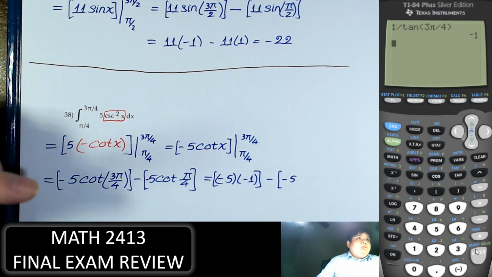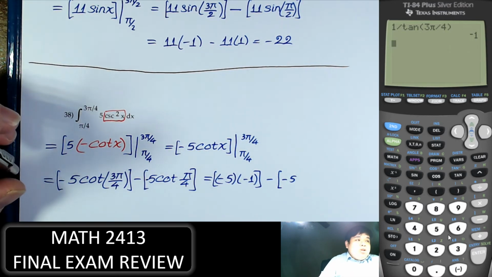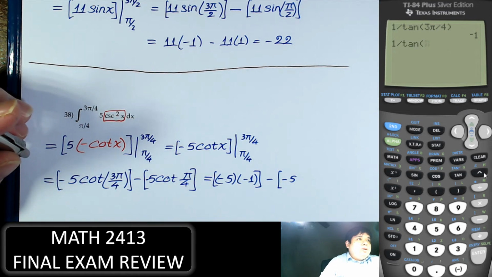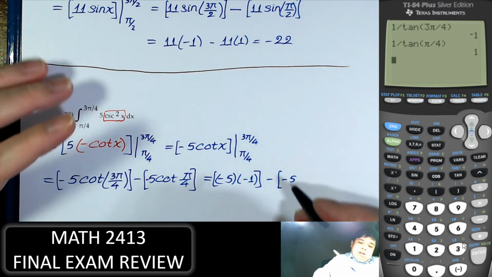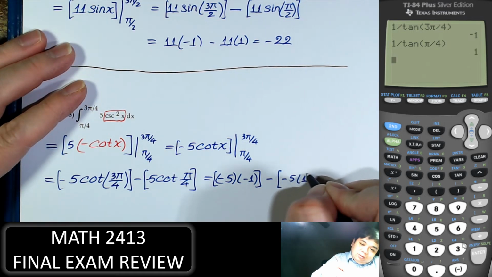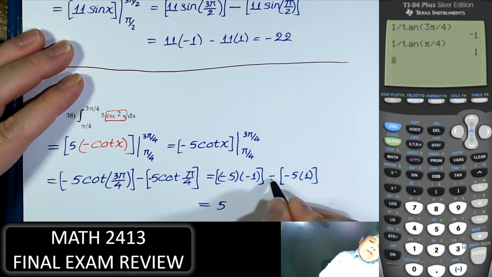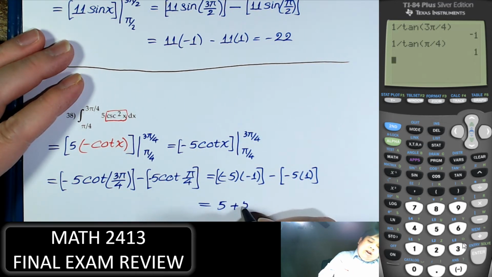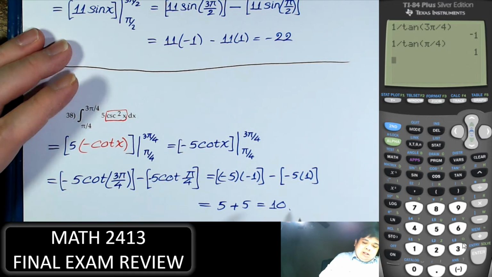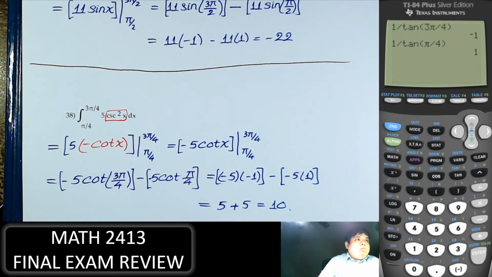And cotangent of pi over 4, which is 1 divided by tangent of pi over 4, is 1. So we have 5 plus 5 is 10. Right. Be careful when we use the calculator for this one.